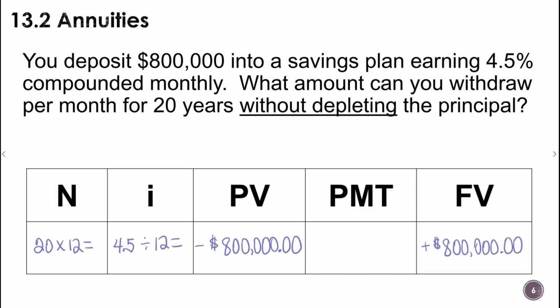There we go. Now we want to know what payment we can get. This is what we're going to compute. I don't think it's going to be a surprise to you what happens here.